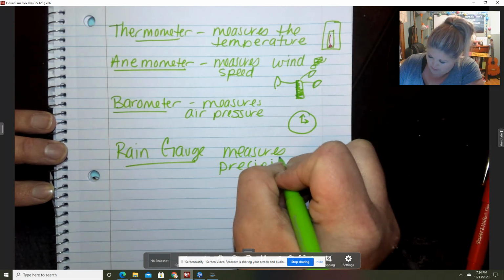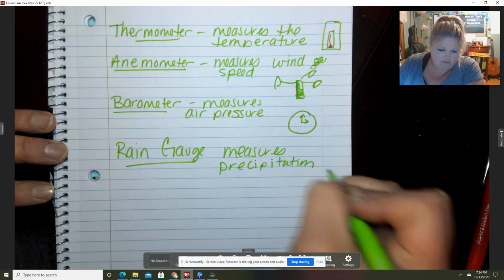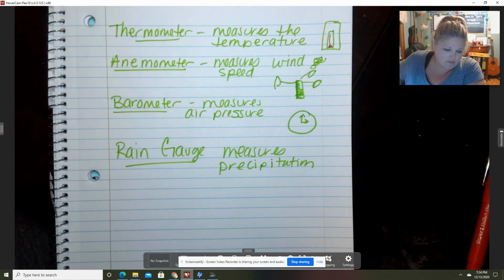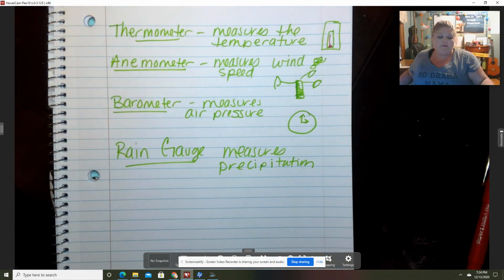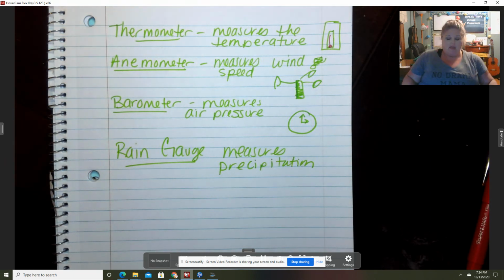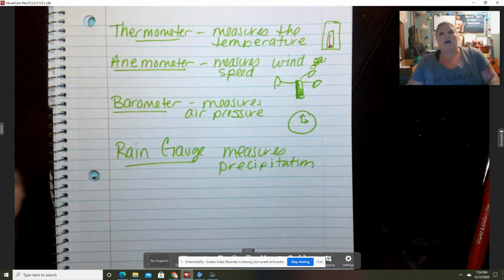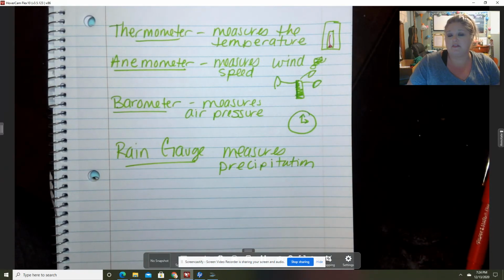We measure snow with a ruler usually, but okay. And then a weather vane, which I'm not going to write down, but a weather vane measures what direction. A windsock will also do that. And a hygrometer measures the amount of humidity in the air.